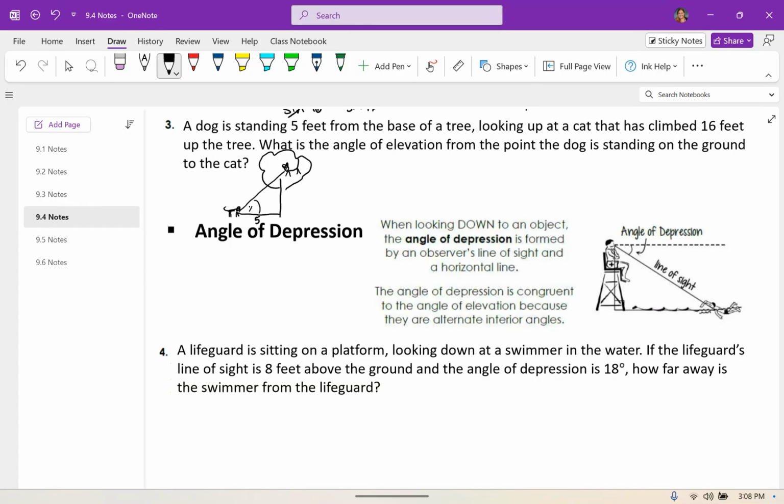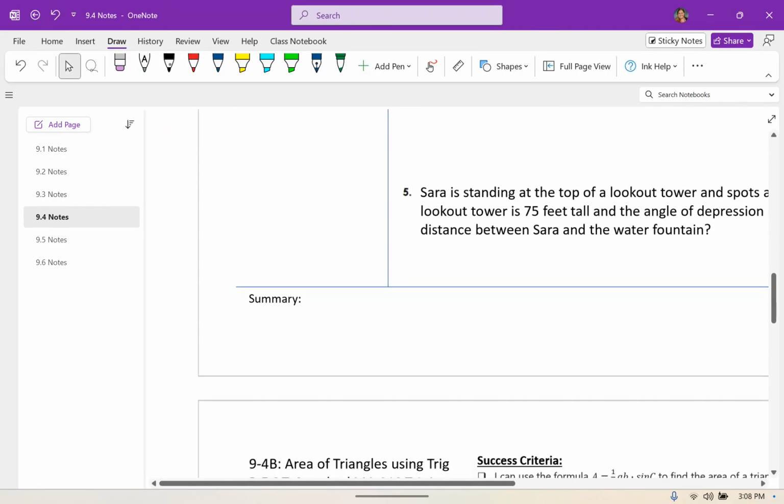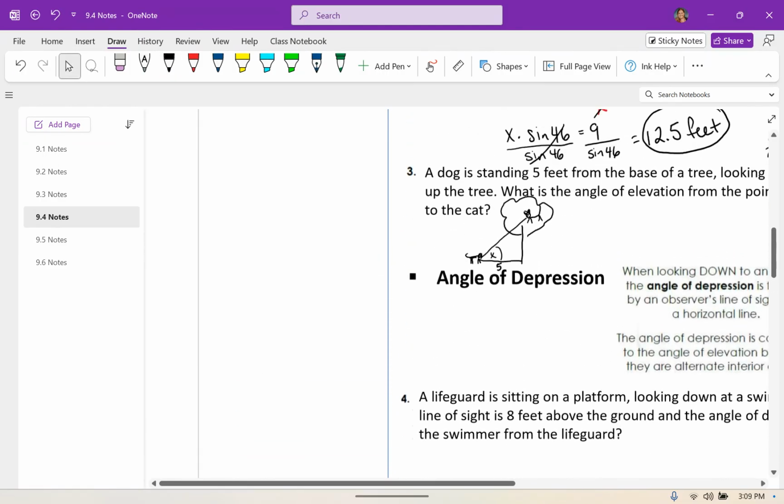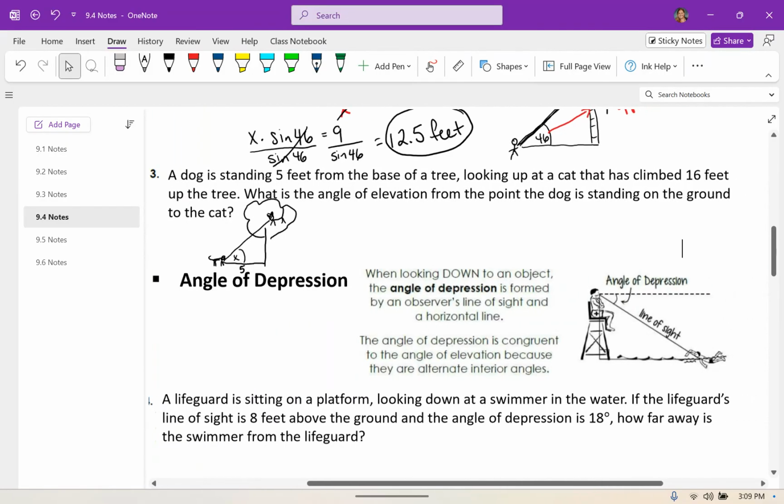Okay, so I'm looking for the angle this time. There's one piece of information I must have forgotten, because I either need one angle and one side or two sides. Okay, so it says looking up at a cat that has climbed 16 feet up the tree. So this is 16.